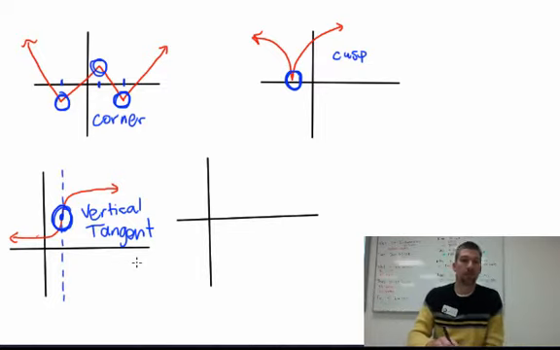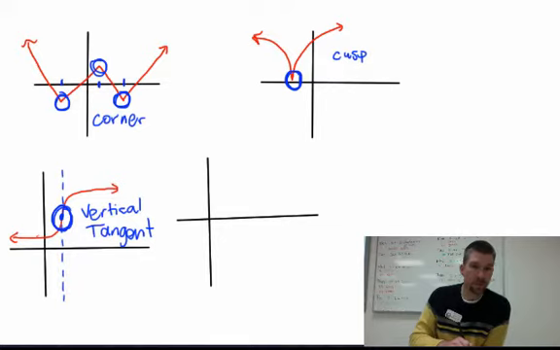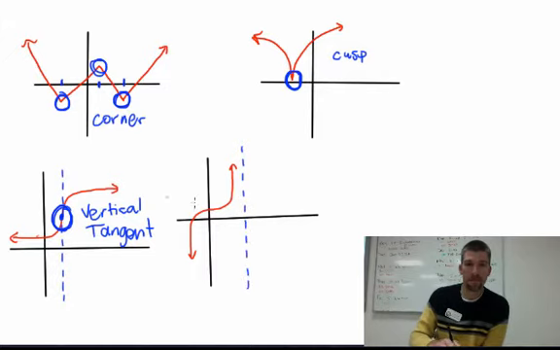Now, the last one would be a discontinuity. So if I have some fun graph that does like this, and then we put in an asymptote, and then we finish our graph off with one of these.